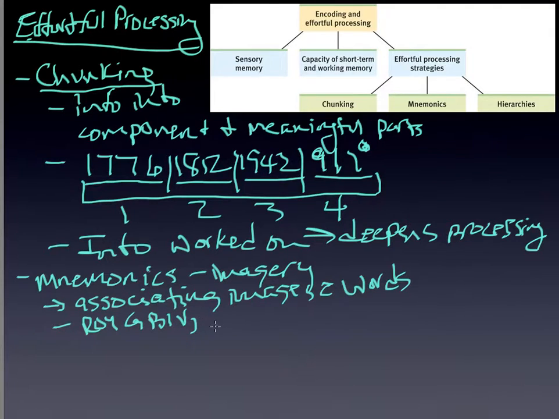If you're from the upper Midwest, you might be familiar with HOMES, which is the Great Lakes: Huron, Ontario, Michigan, Erie, and Superior. Every good boy does fine. All of these are mnemonics, or ways of remembering information. Another one is the peg word system, where people use a visual code with an acoustic code as well.